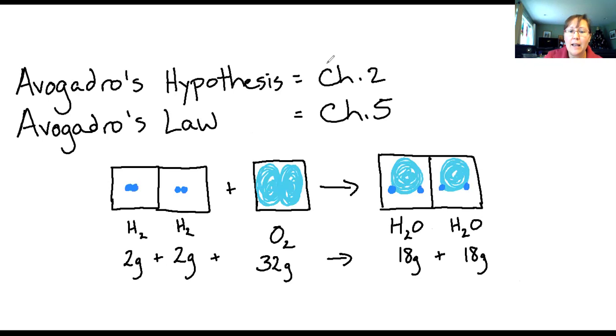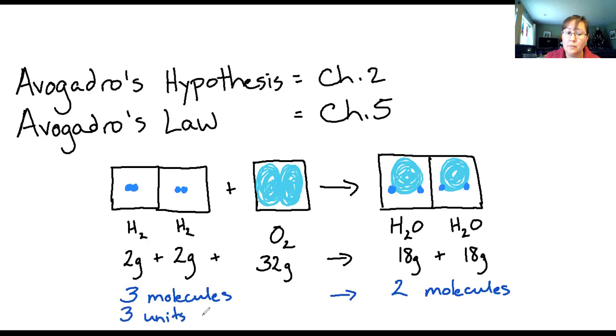So in this case, we have 3 molecules becoming 2 molecules. And we can count them, 1, 2, 3. So we have 3 units of volume, 1, 2, making 2 units of volume.